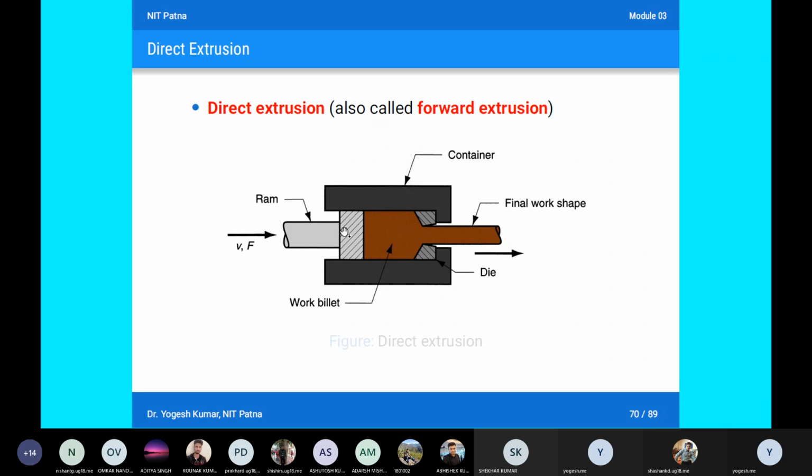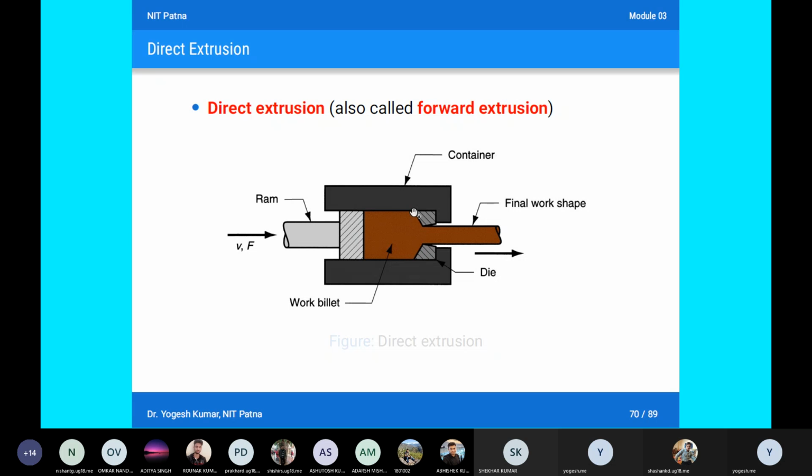The reason is, as soon as this ram approaches nearer to this die, what happens? It gets blocked at this place. So there will be some material which cannot be extruded beyond this point. This material will become wastage.